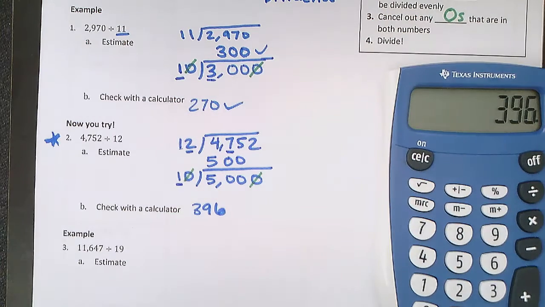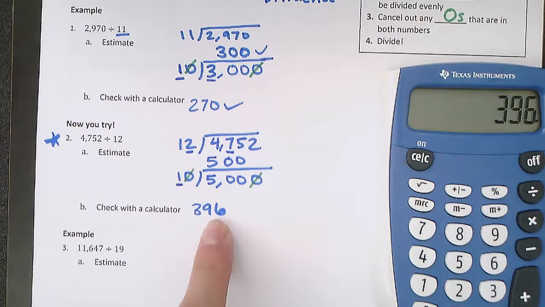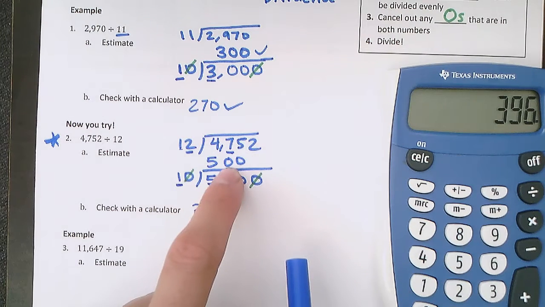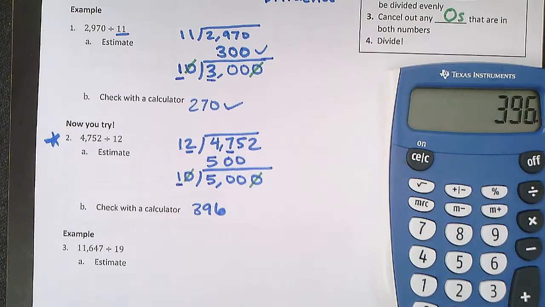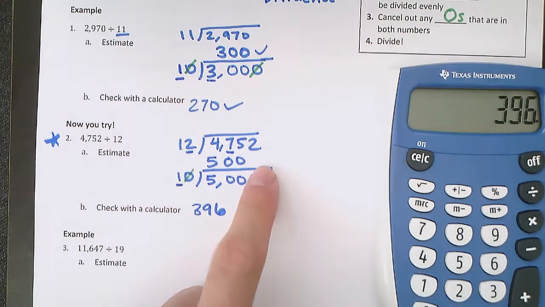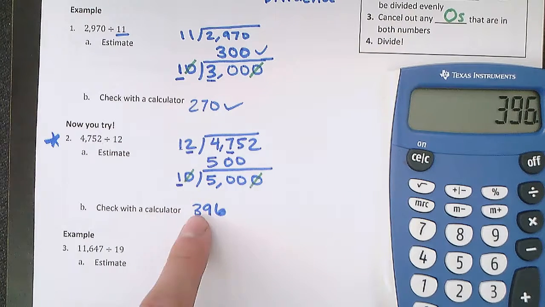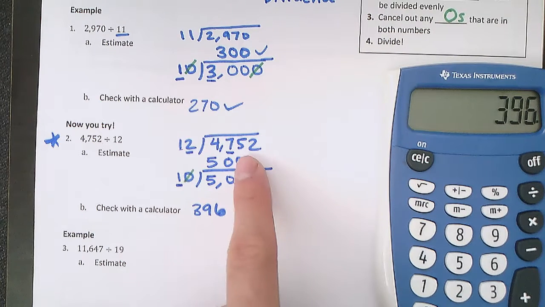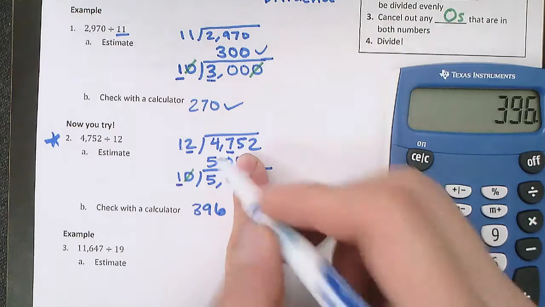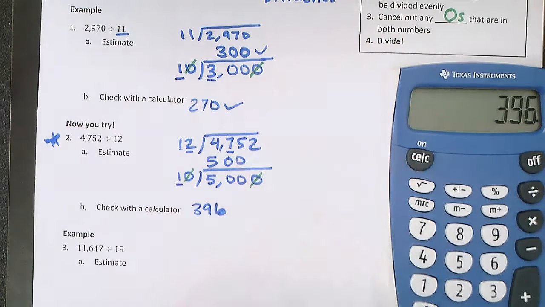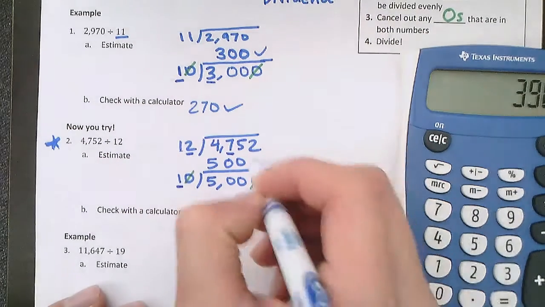So in this case, our estimate's a little bit further away, but we know that we have the right number of zeros. Because if I had accidentally put in 3 zeros and I got 5,000, I would definitely know that my estimate wasn't correct. Or if I put 1 zero and got 50 instead, 50 is not as close to 396. So we're good here.